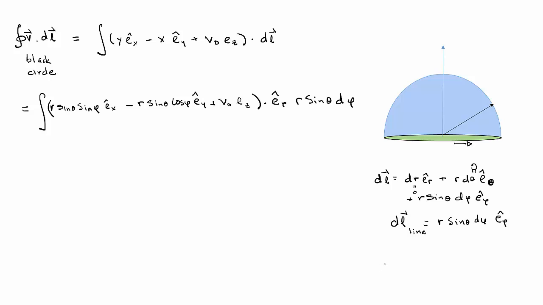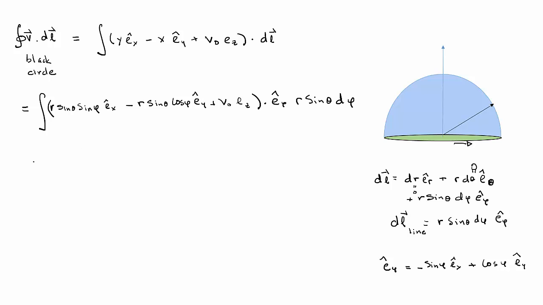If you recall, e phi can be written just in terms of ex and ey. It's minus sine phi ex plus cosine phi ey. So now we're able to take these dot products.